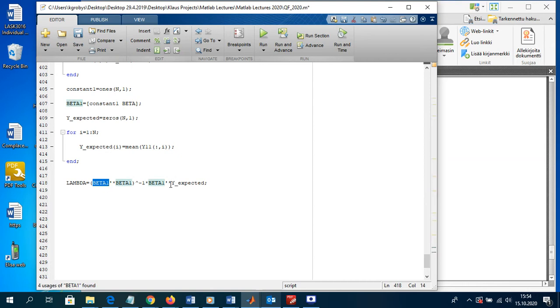This basically tells us whether the variation in betas explains the variation in expected returns. That's the cross-sectional approach. Let's check what comes out by copying this into MATLAB.